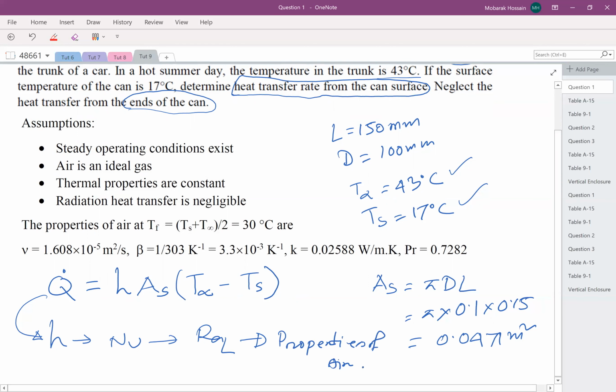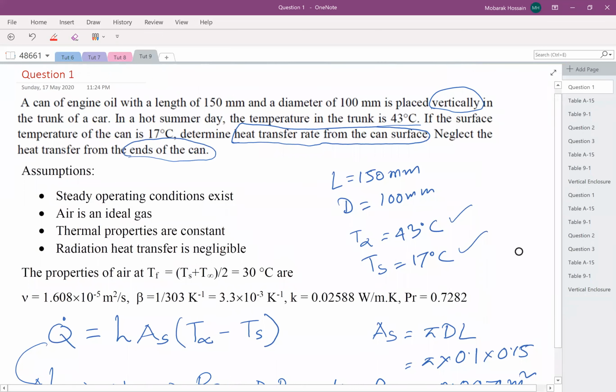So first, for this problem we will solve based on some assumptions. First one is steady operation condition exists, then air is an ideal gas and thermal properties are constant and radiation heat transfer is negligible.